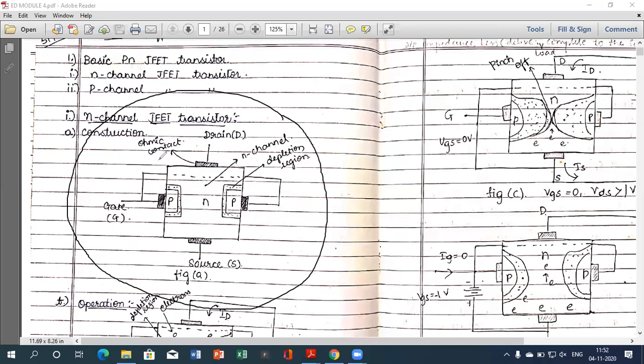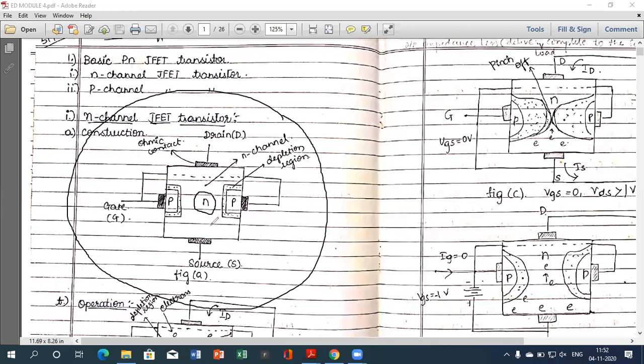Look at the construction of this N-channel JFET. What does it consist of? The major part of this structure is N-type material.